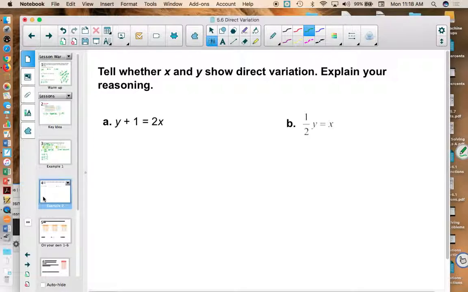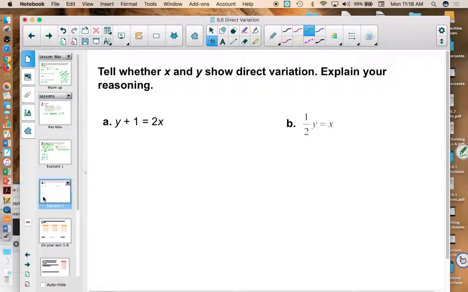How would I know for sure? What do you think, Mr. Tanner? You say no. Why not? Because there's a plus 1 in it, and it should be multiplication if it's going to be direct. And it wouldn't be a 0, 0. Okay. Probably wrong, but I wouldn't say you're wrong.